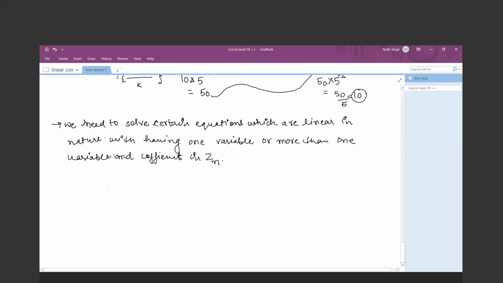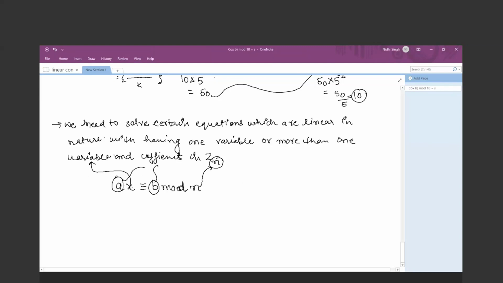So the simple linear equation with having only one variable can be indicated as Ax congruent B mod n. So this n belongs to the set of residuals. This A and B are the coefficients, and this X is called the variable.